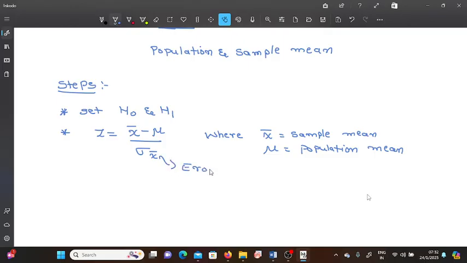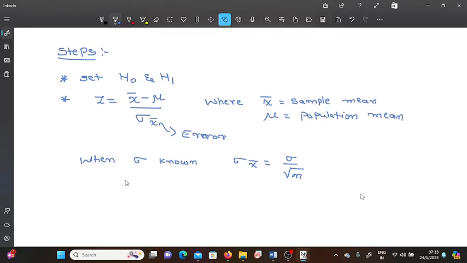To remove this error, we are considering two different methods. When the population standard deviation is known, consider sigma x bar equal to the population standard deviation by square root of the sample size.